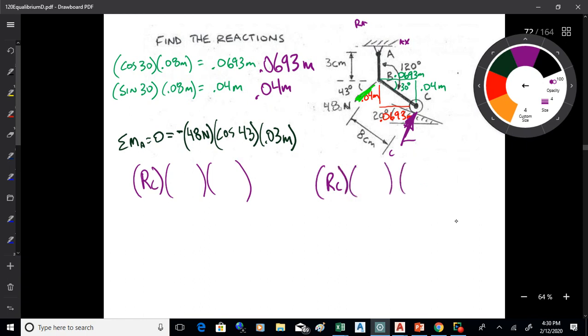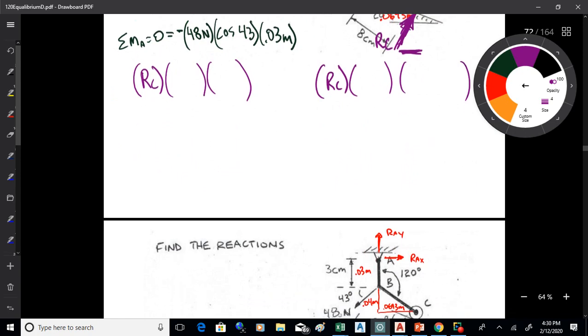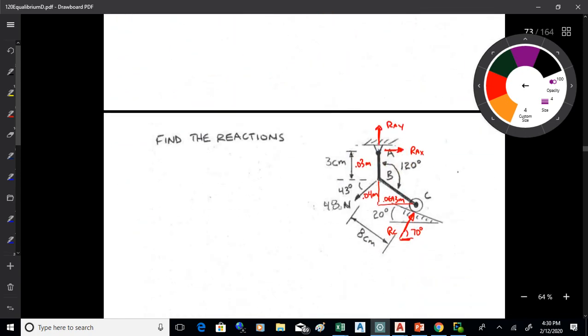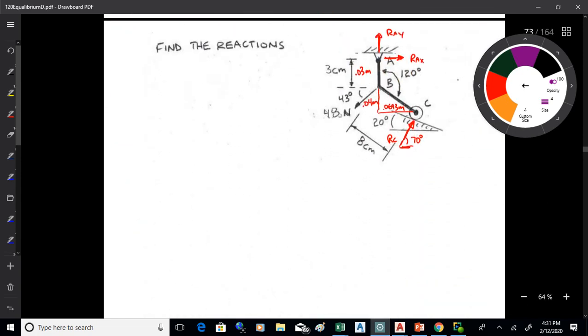So the RC will have two pieces to it. One will be an X, the other will be a Y. And let's try and get the proper moment arms with that. Okay? So we got RC right there. And then we just went through the moment arms. I'm sorry about the size of that.